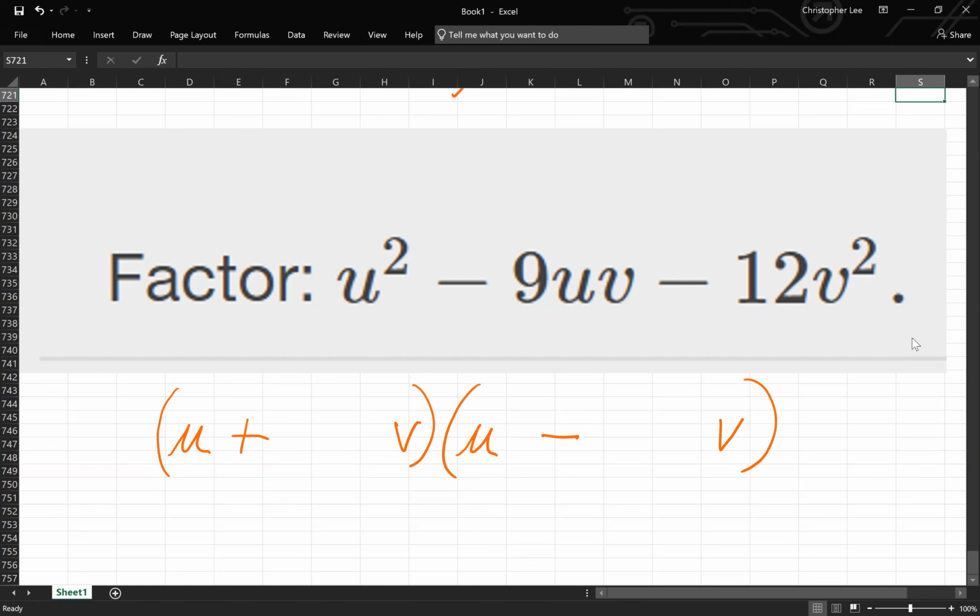So what do you think? I want two numbers that multiply to 12 and add up to 9. 6 and 2. So negative and a positive. So -6 plus +2, that's -4, right?